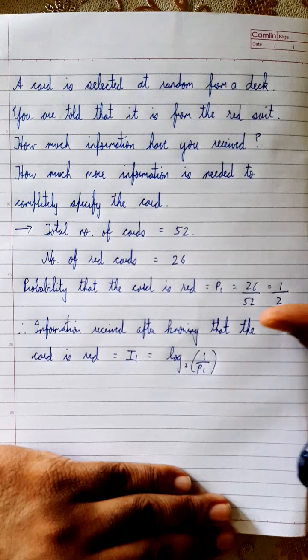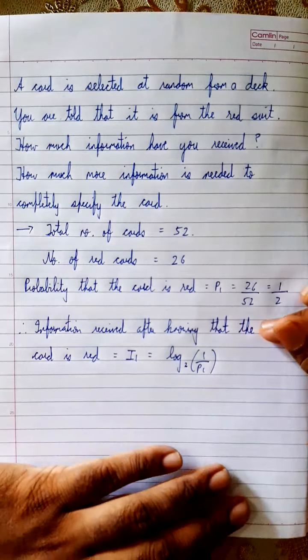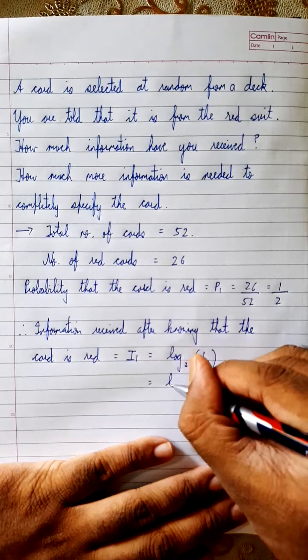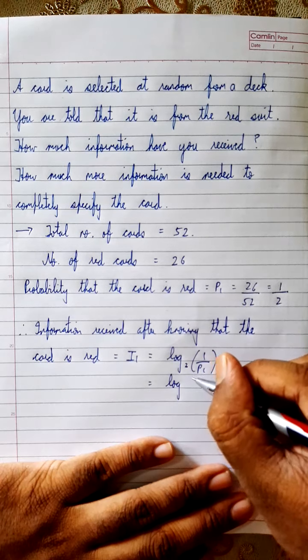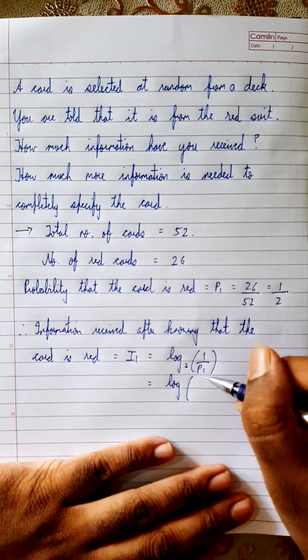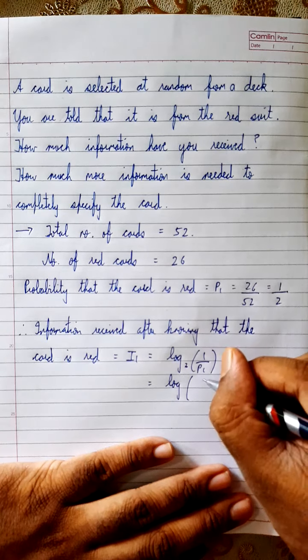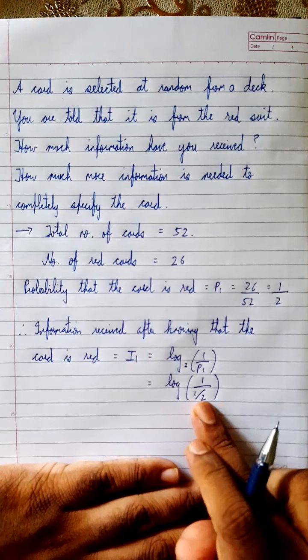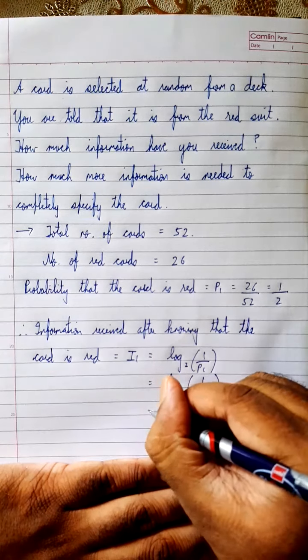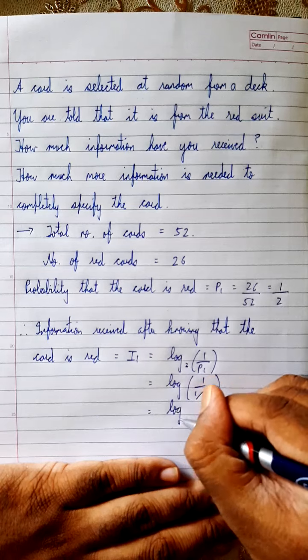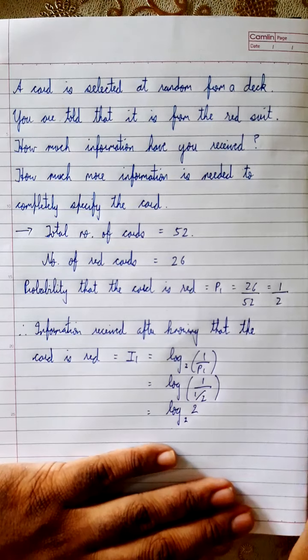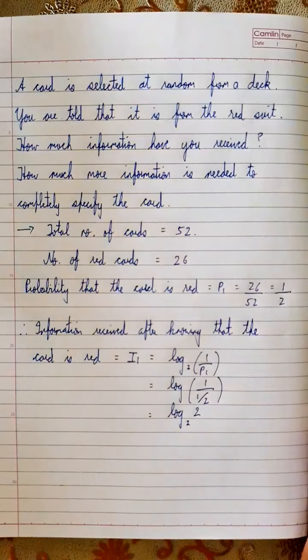So log of 1 by P1 is nothing but log of 1 by, and what is P1? P1 is 1 by 2. So this is 1 by 1 by 2, which is equal to log 2. Base is always 2 as usual. What is log 2 to the base 2?